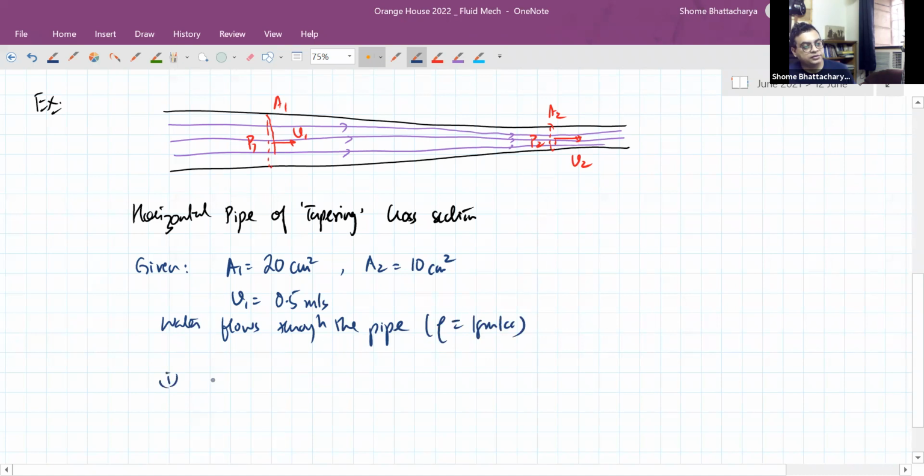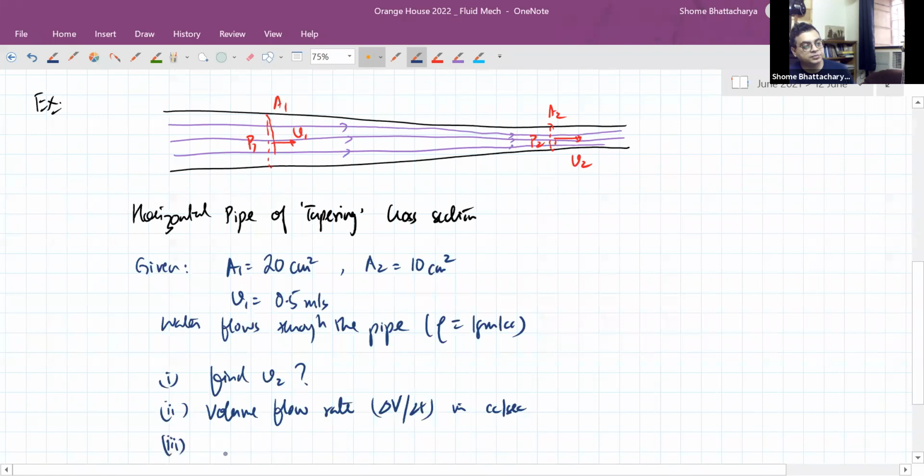So first of all, find V2, and the volume flow rate in cubic centimeters per second.